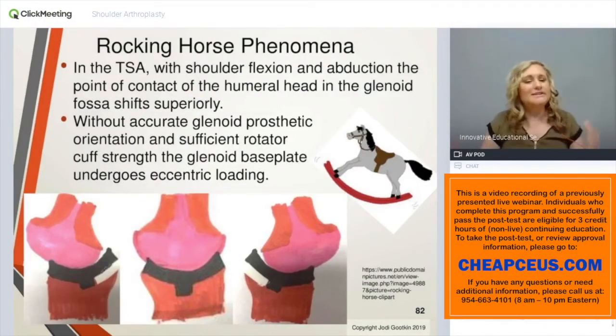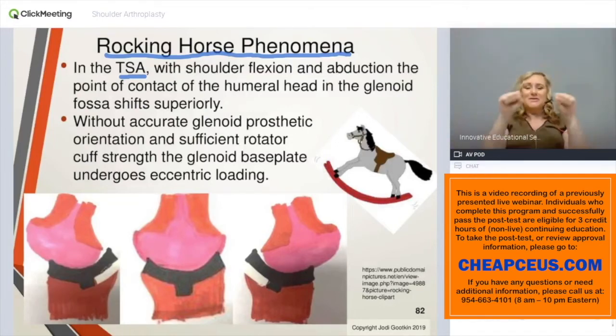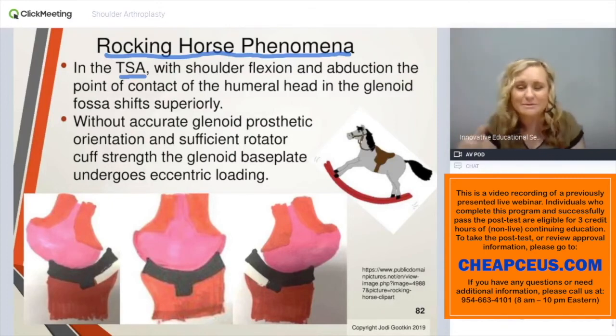How this actually happens is more of my beautiful artwork. So the best way to understand the glenoid component loosening with the total shoulder is called the rocking horse phenomenon. And if you remember the old-fashioned, I hope there are some of you out there that remember this with me, I'm dating myself, those beautiful rocking horses where literally you just go back and forth, you lean forward, the back comes up, you lean back, the forward comes up, it rocks back and forth.